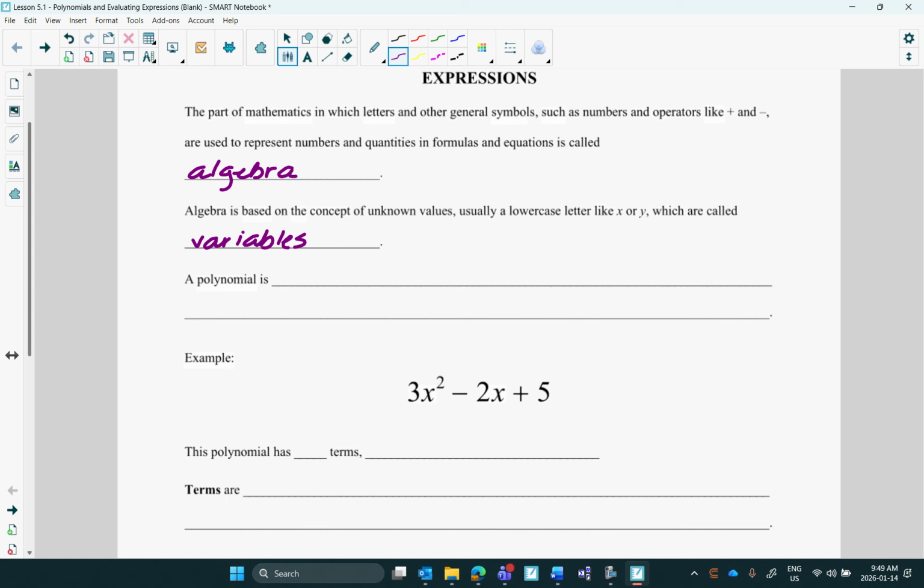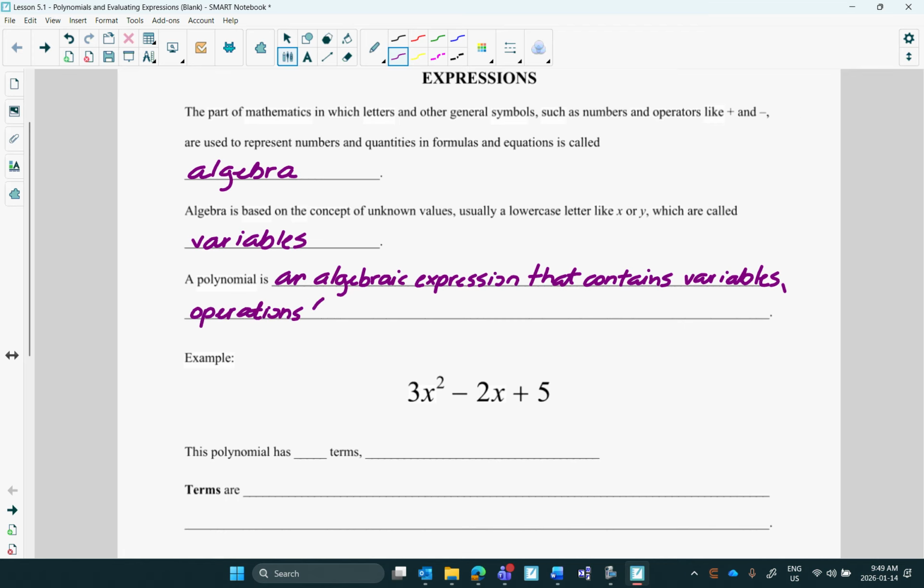So a polynomial is an algebraic expression that contains variables, sometimes one, sometimes many, operations like plus, minus, and even exponents.